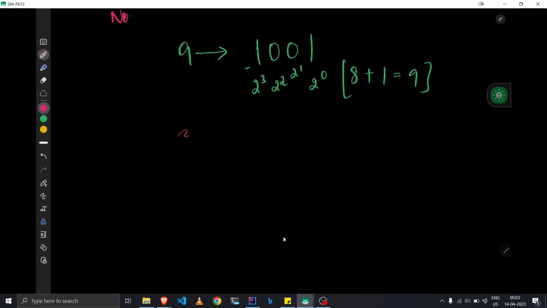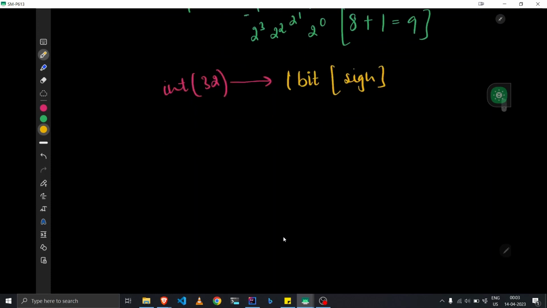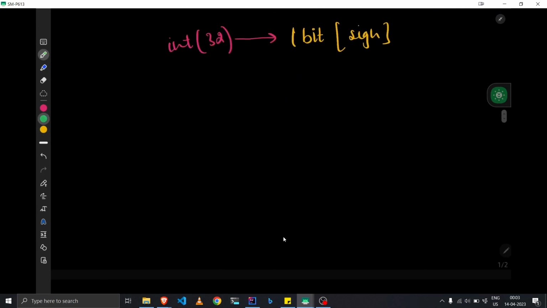But we know in Java an integer is of 32 bits, right? And out of that, 1 bit is always reserved for sign. Leaving that 1 bit aside, we have 31 bits that we can work with.